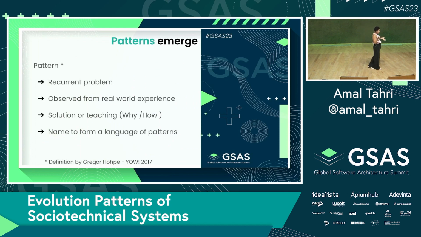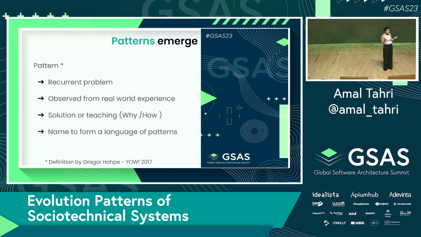And I'm going to quote Gregor Hohpe for his definition of pattern, where he said, patterns are recurrent problems, something that you and I have seen before. Maybe some of you in this room can think about a digital transformation that absolutely went wrong.